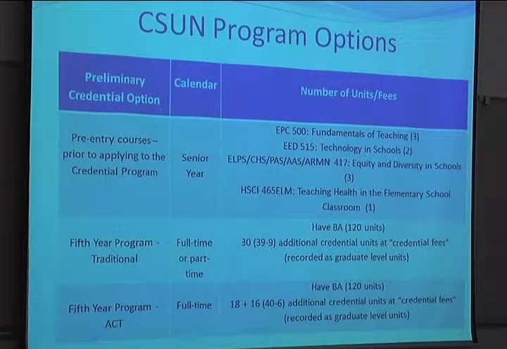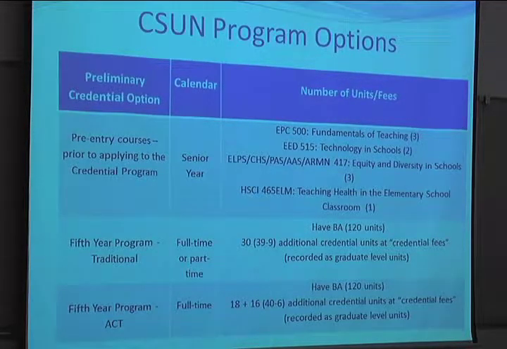So the options that we have here is something that you'd be very interested in doing, because right now you're going through the program in child adolescent development. And so there are some courses that you can take as an undergraduate that you can apply towards your teaching credential. The first one is called EPC or EED 500, and that's a fundamentals of teaching course. It's kind of a developmental course to get you into learning theory.